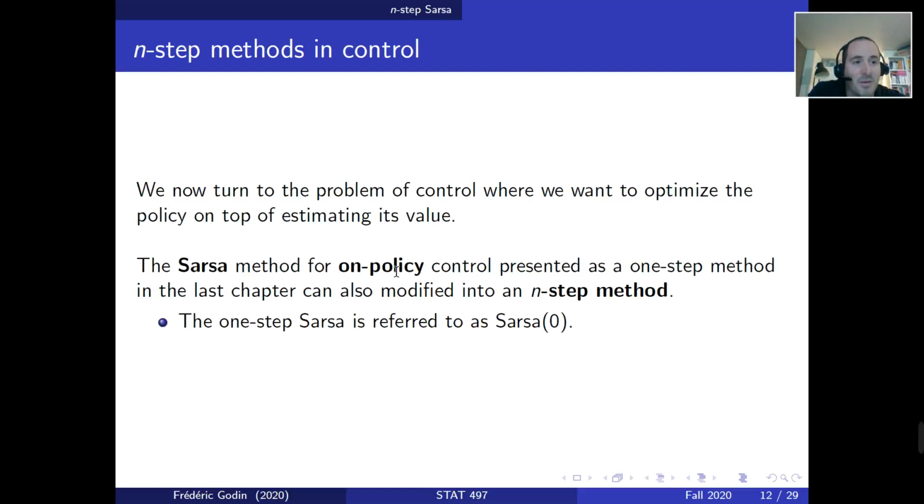The Sarsa method we introduced in chapter 6 is our temporal difference on-policy algorithm for control. The Sarsa approach, which we studied in the last chapter, can be turned into an n-step Sarsa. The Sarsa algorithm we saw previously is the one-step Sarsa, typically referred to as Sarsa(0), but we can generalize Sarsa(0) to an n-step Sarsa.